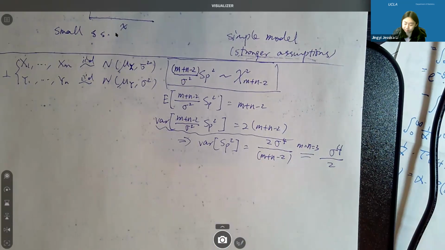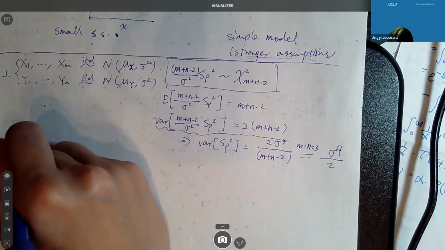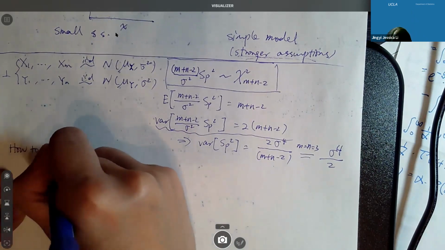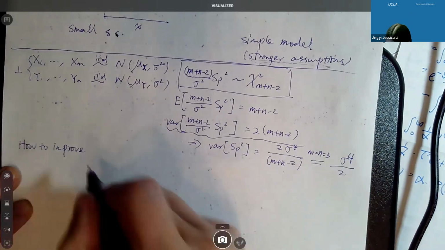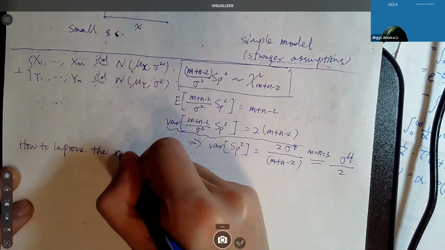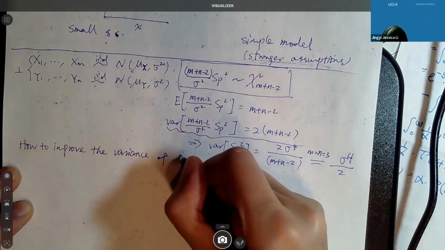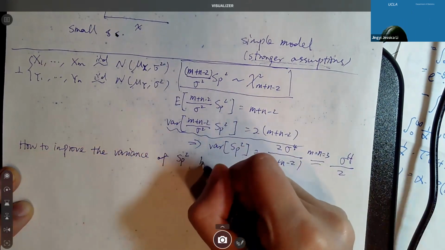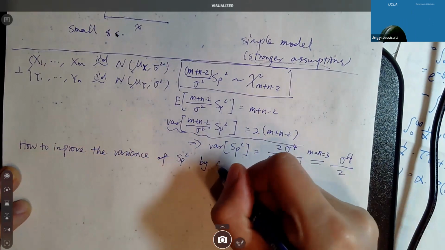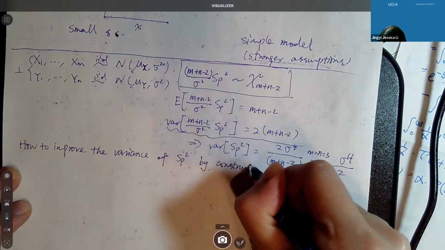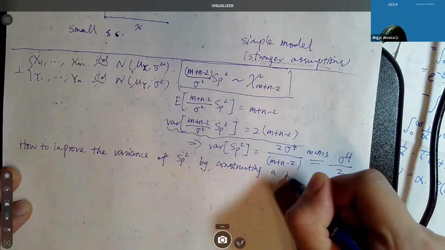So that's why we would want to stabilize it by finding a better estimator that has a smaller variance. That's the goal. So how to improve the variance of SP squared by constructing a new estimator.